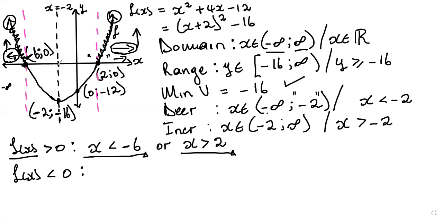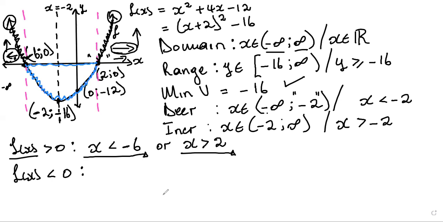If you look at this region from -6 up until 2, what is happening there? This is the region I'm talking about. From -6 all the way to 2, you can see that the values of y, or rather the function itself, is below the x-axis.